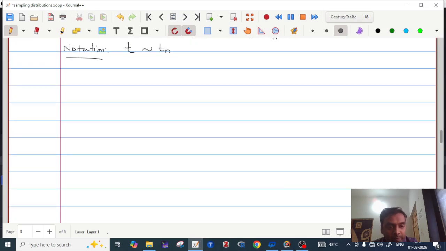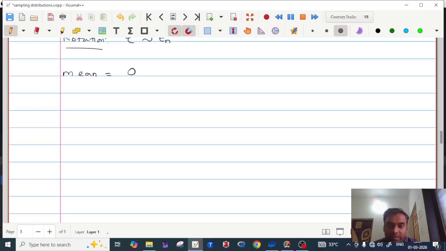If t follows t with n degrees of freedom, then its mean is 0. So this distribution is symmetric around its mean 0.